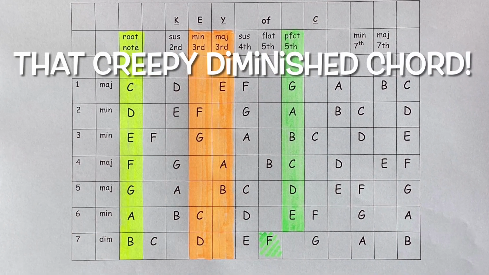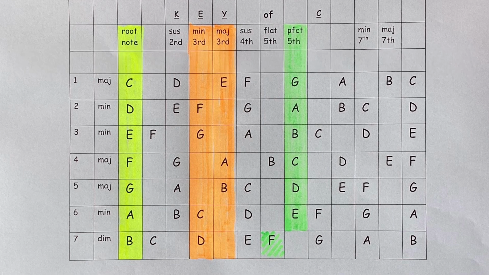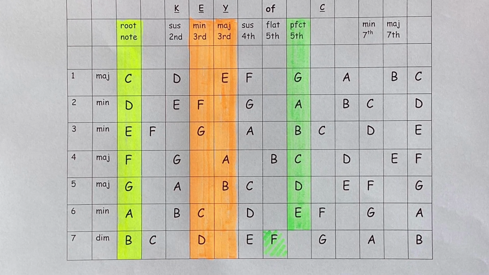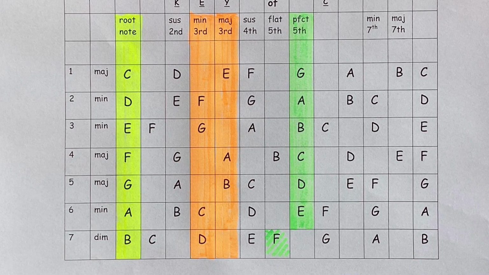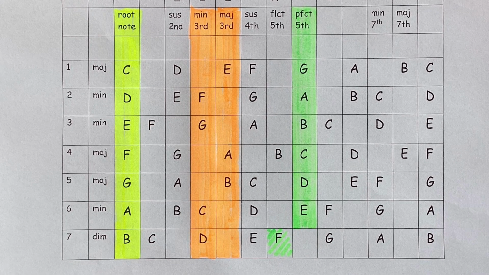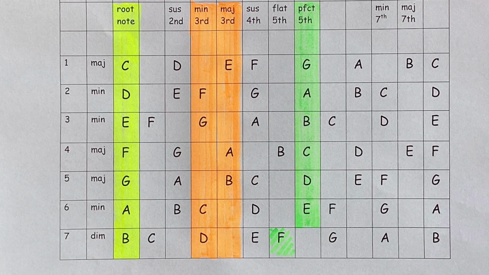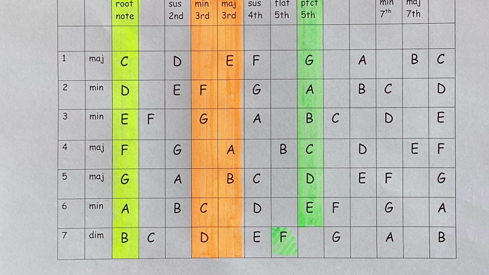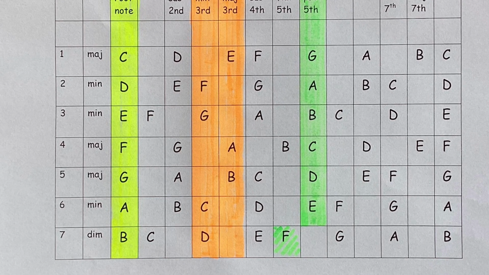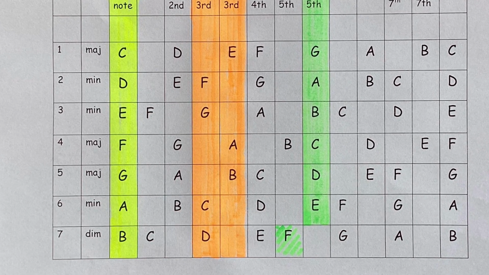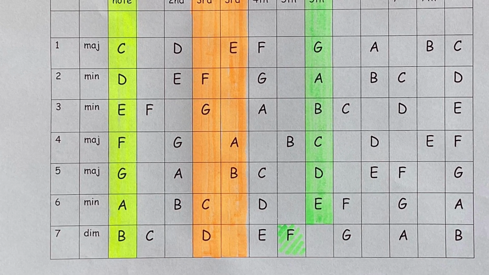Now finally we have the 7 chord, which has a root note B, it has a minor third D, and it has a flattened 5th. It's the only chord in the key that doesn't have a perfect 5th, and it's known as a diminished chord. In this case it's B diminished. But it's a bit of a strange beast, and we missed it out when we were learning.